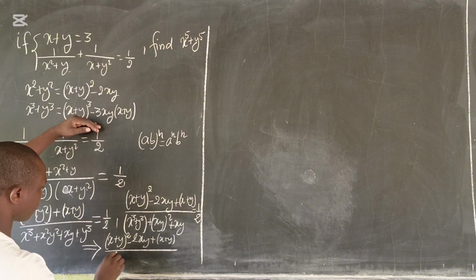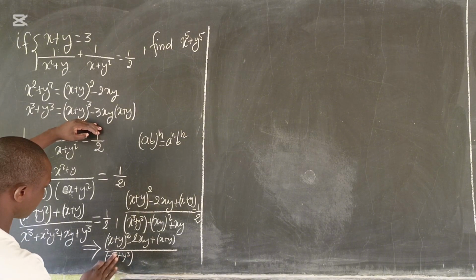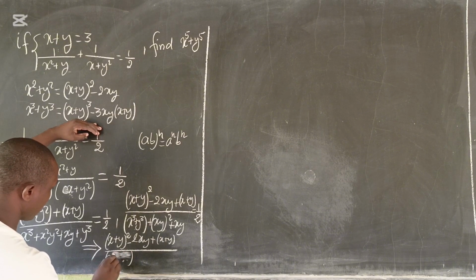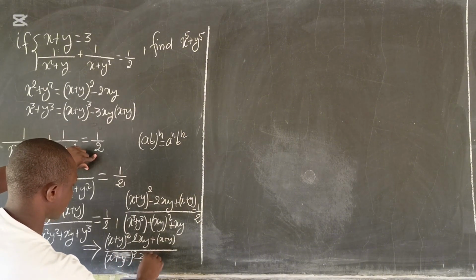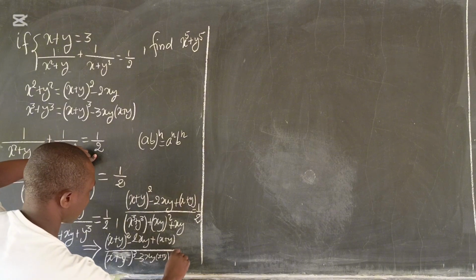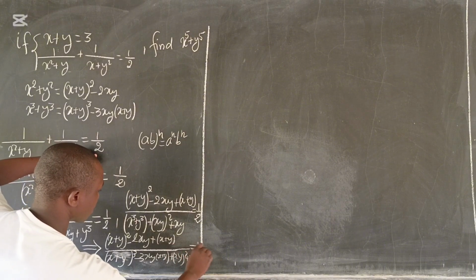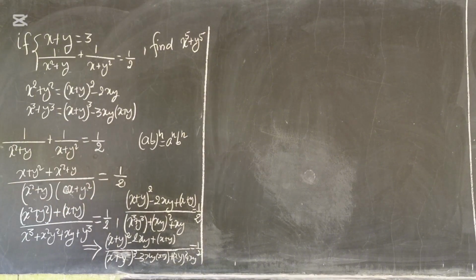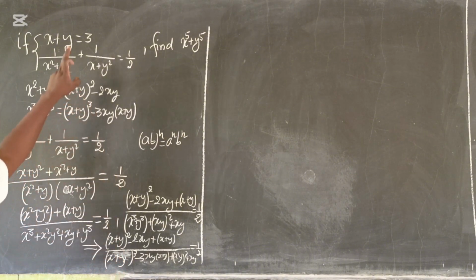Here is x power 3 plus y power 3, sorry, it's x plus y altogether power 3, negative 3xy into x plus y, plus xy power 2 plus xy, and this is a half. Hope it's clear there. Okay, we are going to replace x plus y by 3.